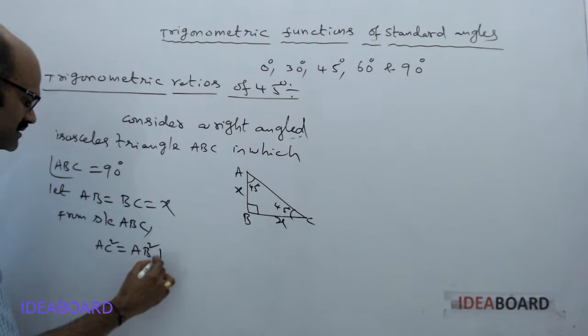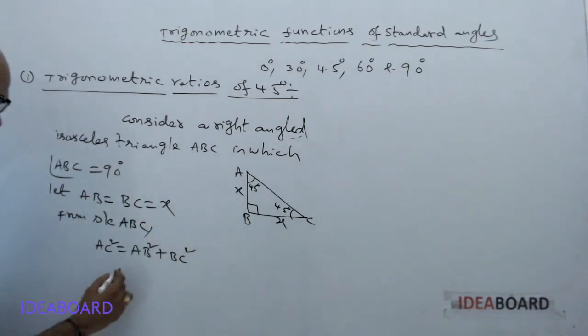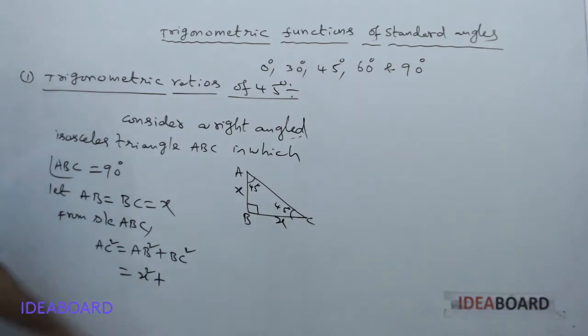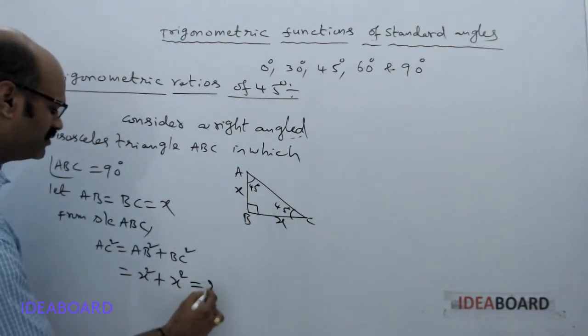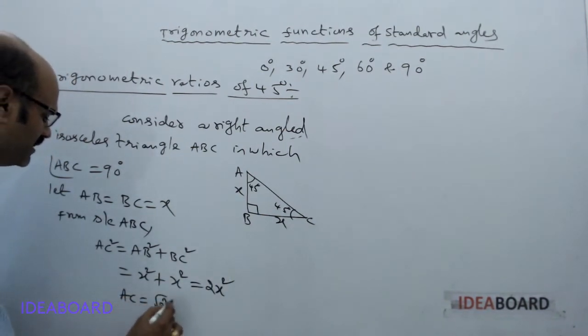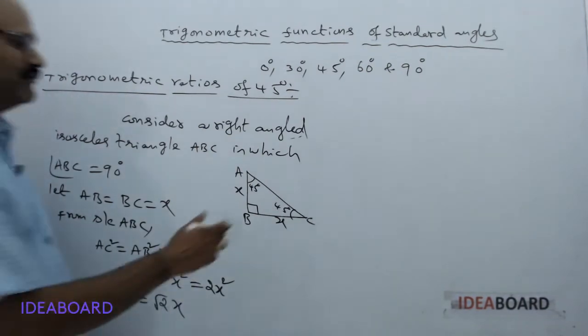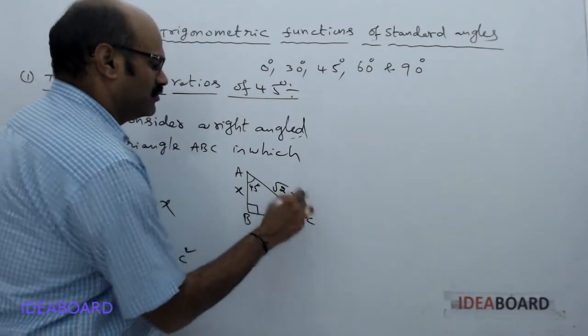So AB square equal to x square plus BC is also x. So AC square equal to 2x square. So it implies AC equal to root 2x.